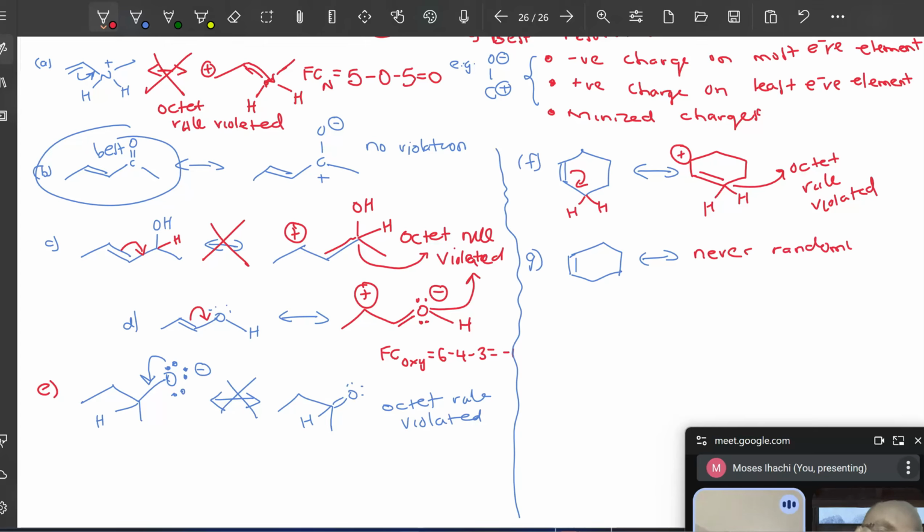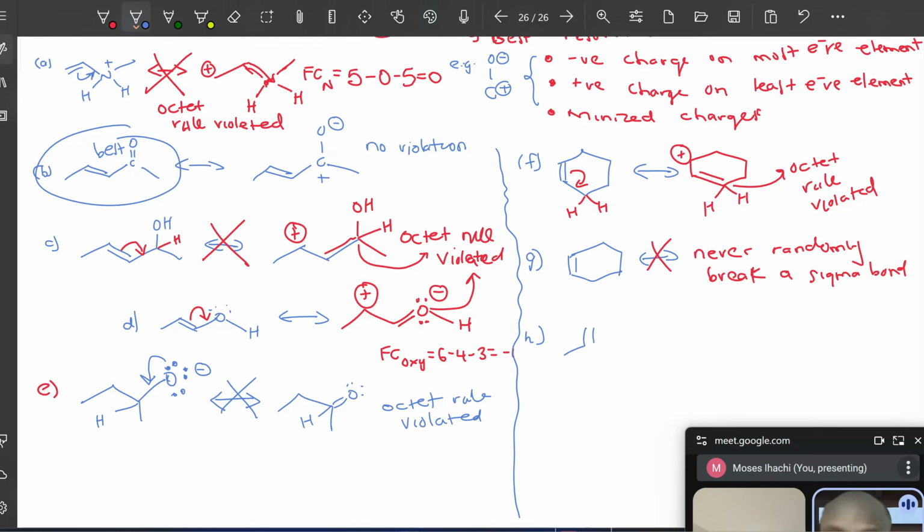It can never randomly break. There should always be a push effect or a radical reaction: initiation, propagation, termination. That's not resonance. That's make-believe.